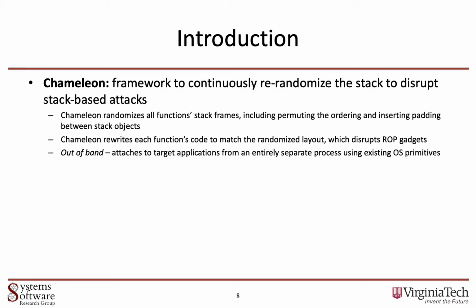This has a knock-on effect of disrupting ROP gadgets, further preventing attackers from targeting vulnerable applications. Finally, Chameleon is novel in that it is an out-of-band framework. It attaches to target applications from an entirely separate process using existing OS primitives, and this avoids some of the headaches of trying to bootstrap within the same address space of the application itself.